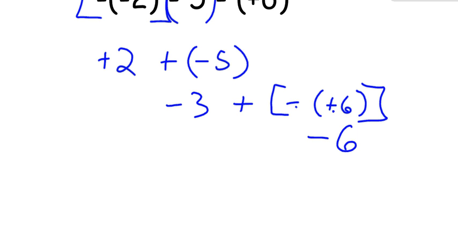So we have a negative 6. And so I have a negative 3 plus a negative 6. And in the end, I come away with a negative 9. Eureka! As some famous guy once said. Let's move on.